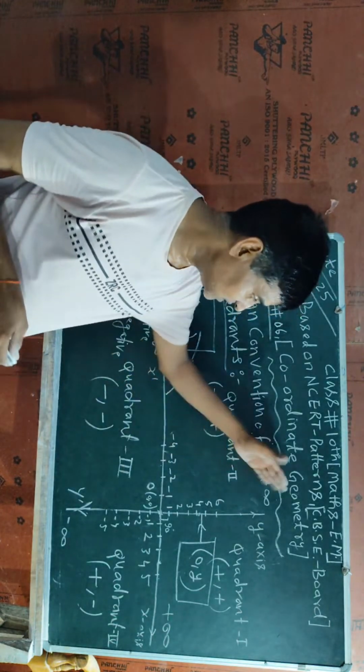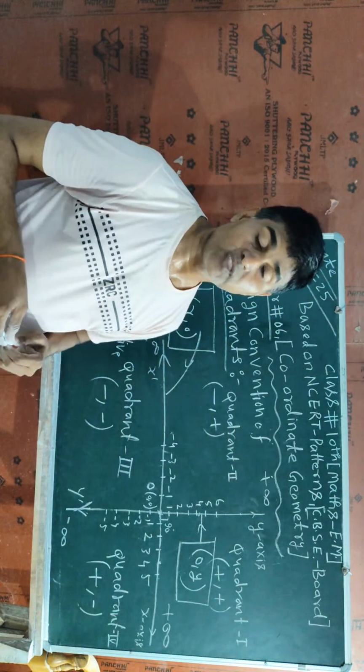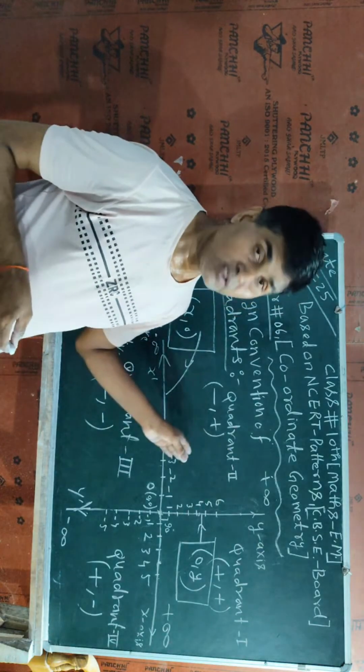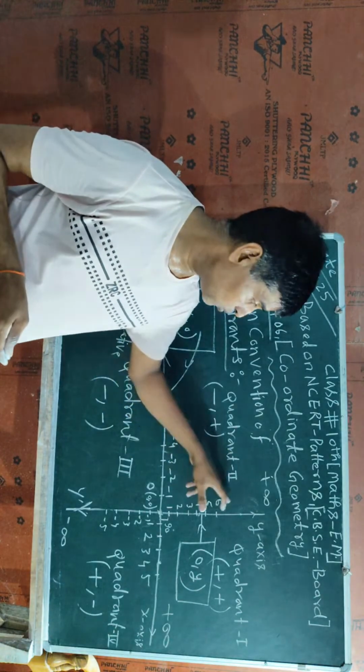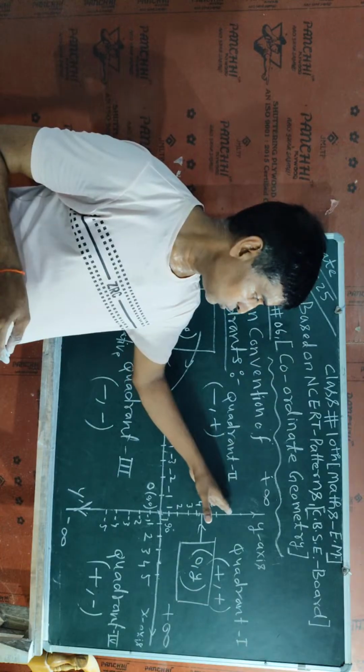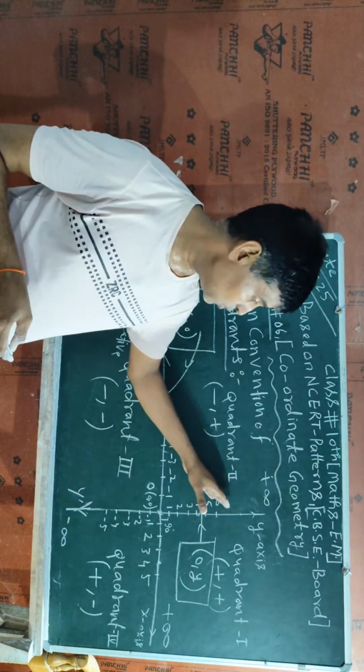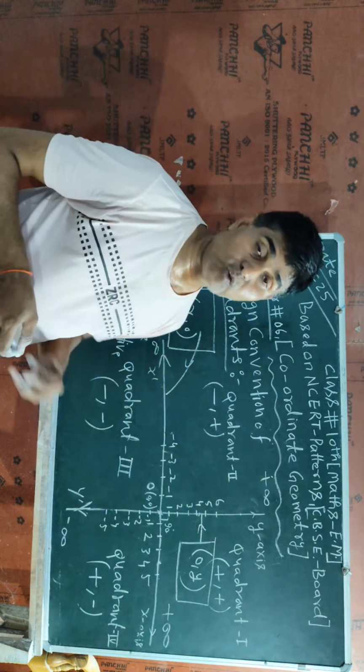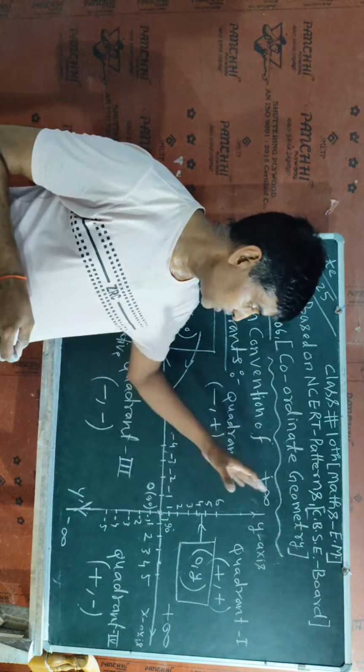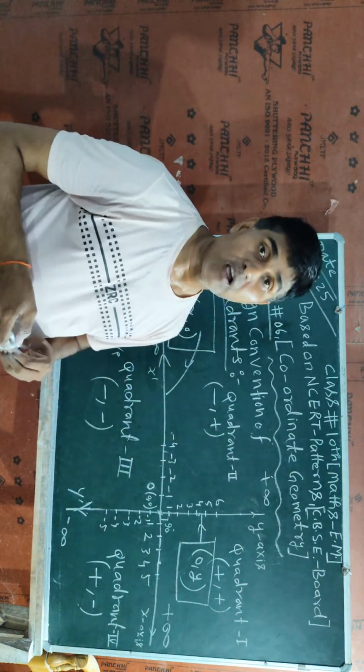If any curve is available, we have to get the slope on the curve, so to calculate the slope at any point, I will differentiate. After differentiation, I will get the slope.